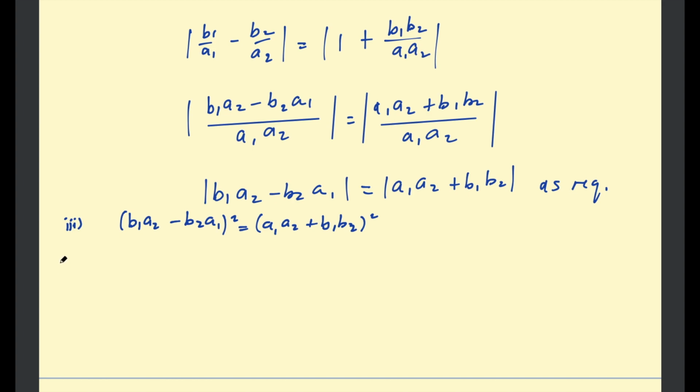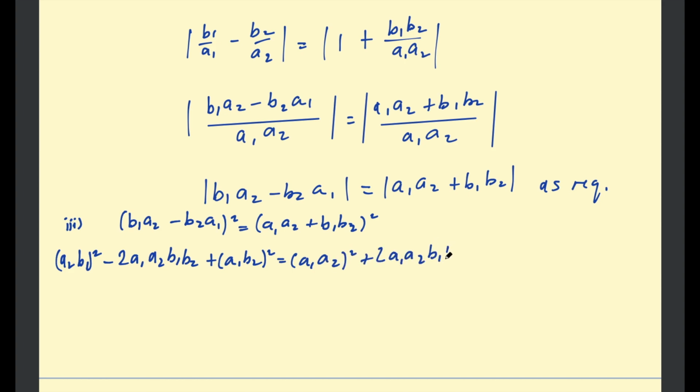So this would be, I'll write that around the other way. A2 B1 squared take 2 A1 A2 B1 B2. That's the terms you would get in the middle if you expanded those brackets. Then plus A1 B2 squared equals A1 A2 squared plus 2 A1 A2 B1 B2 plus B1 B2 all squared.